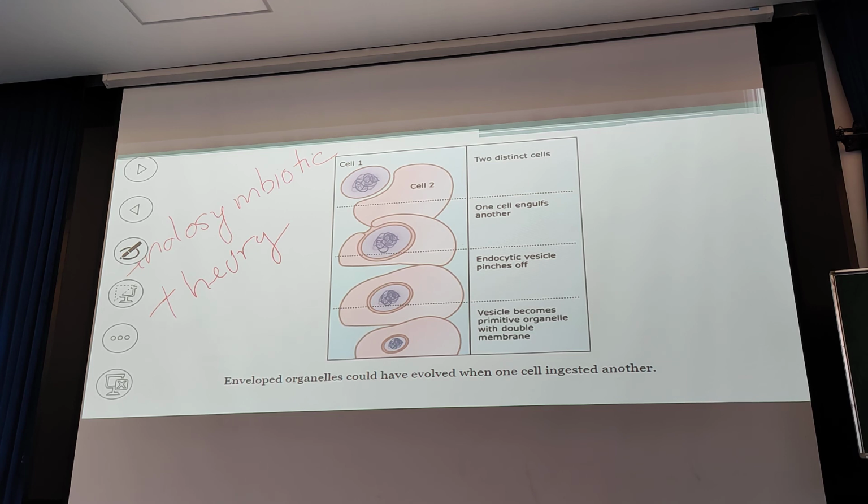The first cell has the nucleus. The second cell is an aerobic prokaryote. When the cell with the nucleus engulfs the other, they live together, and one cell becomes an organelle of the other cell.